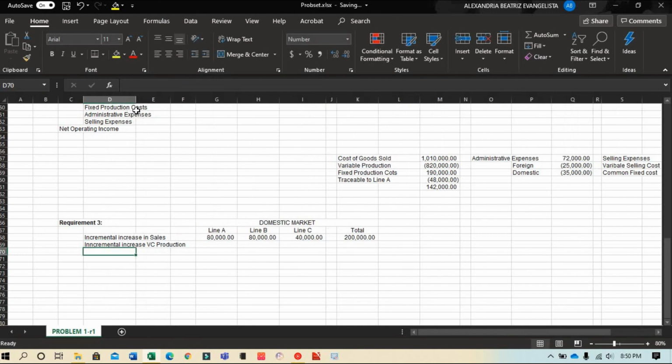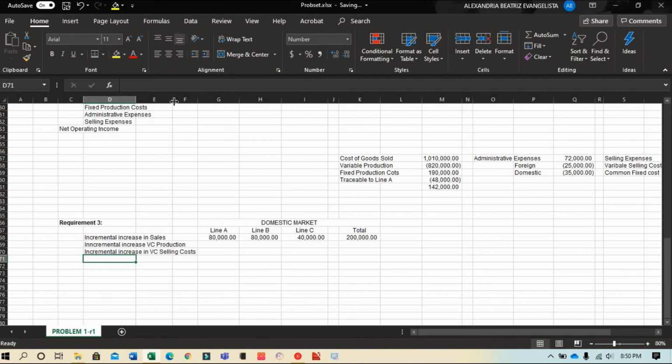And of course, the incremental increase in variable selling costs. So we're just going to follow the percentage of the variable production cost to sales, which for product A is 60%.